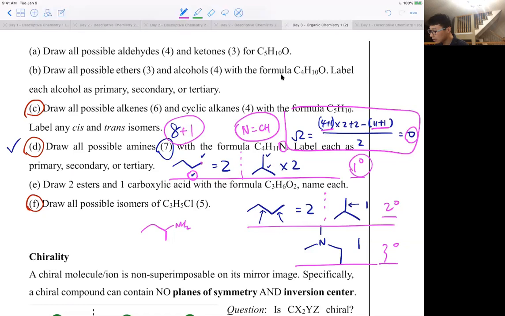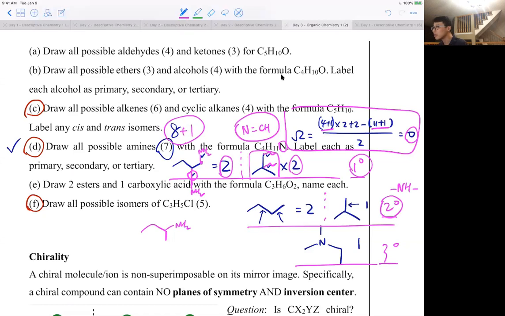So I can connect NH2 here, or NH2 here, so I got 2, if we do not consider the stereoisomers. And for this skeleton, I also have 2 different cases, right? So I got 2.